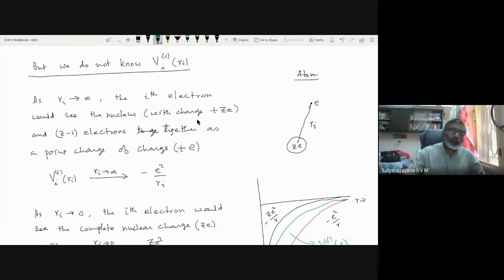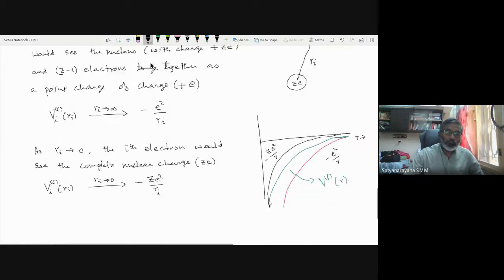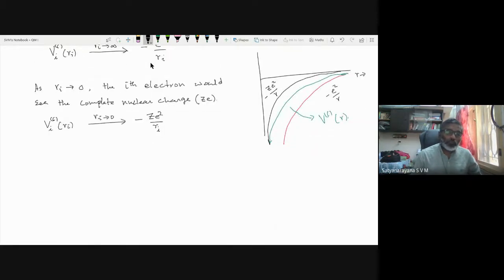So one can do some intelligent kind of construction work. For example, let's say that you just want to find an interpolating function. This is what you call modeling of this Vc of R, that satisfies this kind of asymptotic behavior. That is something one can do, and it is something like this.